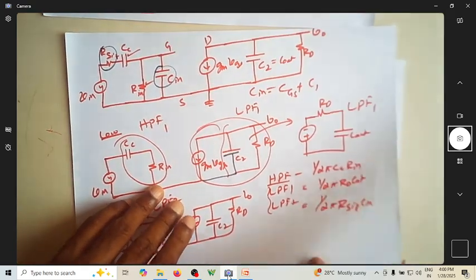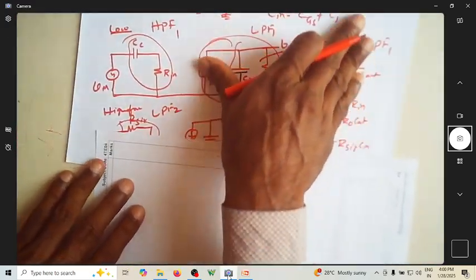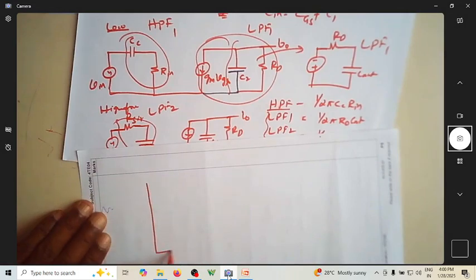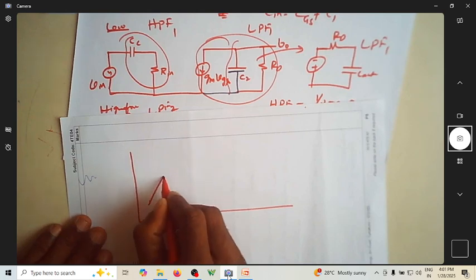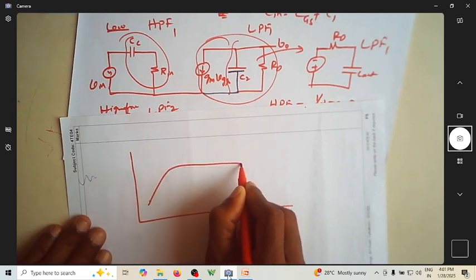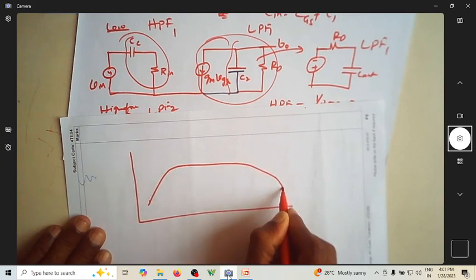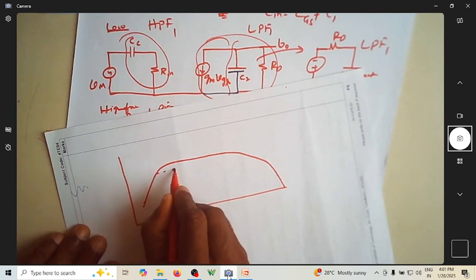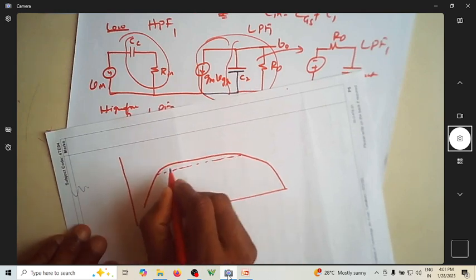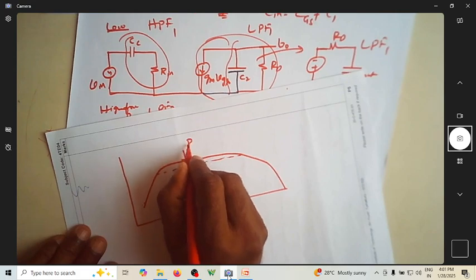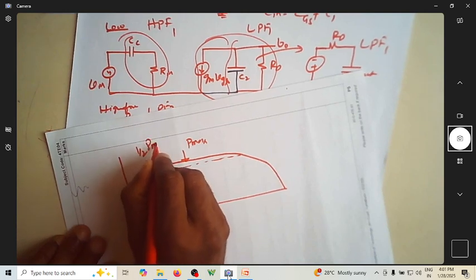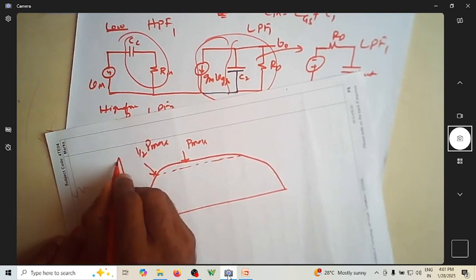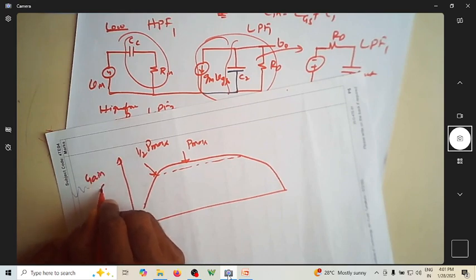So I can rewrite this as something like this. This is how the frequency response will look. At lower frequencies, it acts like a high pass filter, and then it goes like this. So this is your first cutoff frequency, and then one more cutoff frequency. Suppose you take this as your 3 dB point, so if this is power P max, at this point it is half of P max, the half power point, and this is gain in dBs.